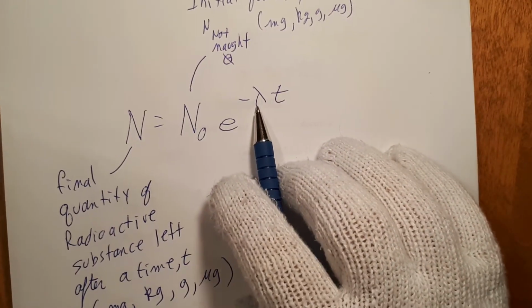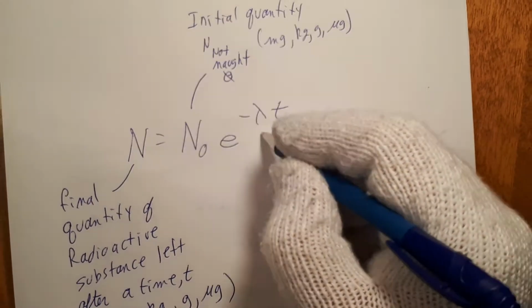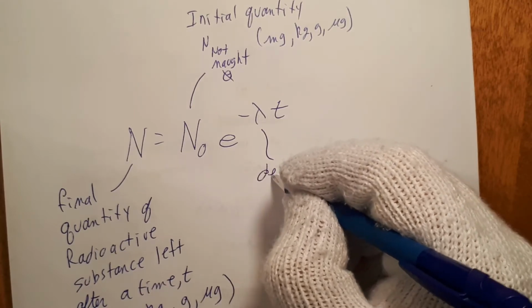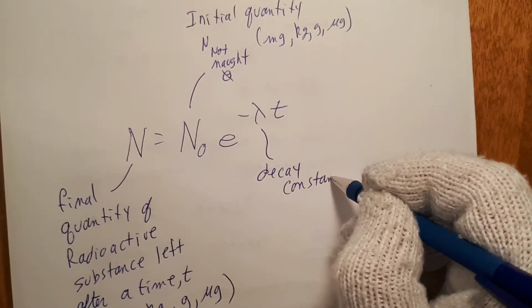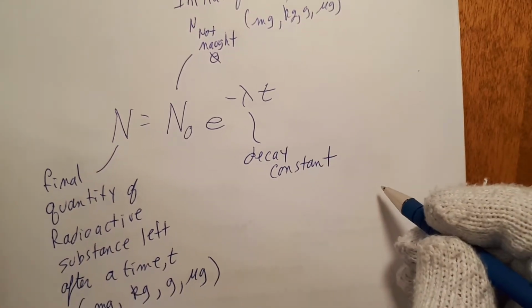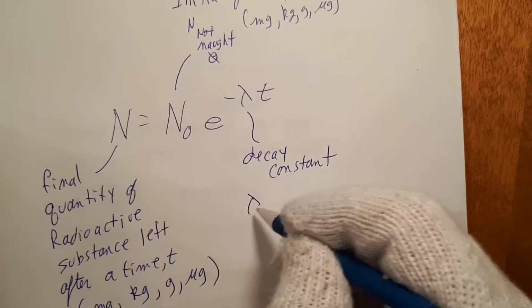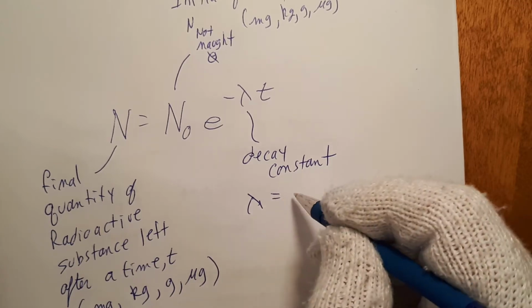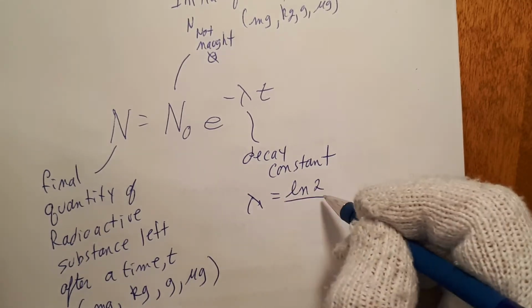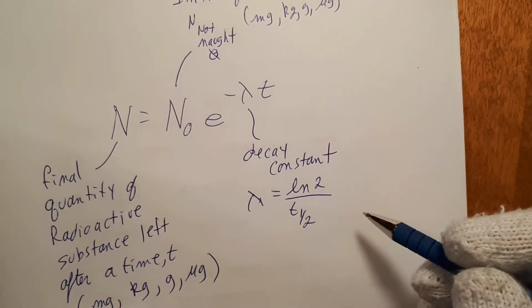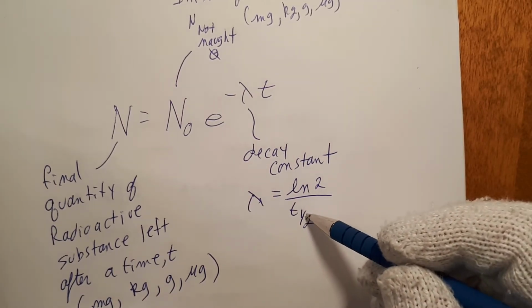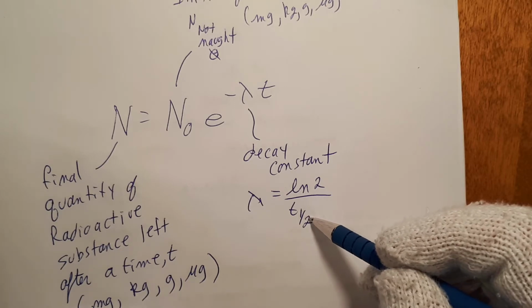Let's look at lambda. This is known as the decay constant. Lambda can be found by using the simple equation: lambda is equal to ln of 2 divided by the half-life of that particular species. Every radioactive element has its own separate half-life.